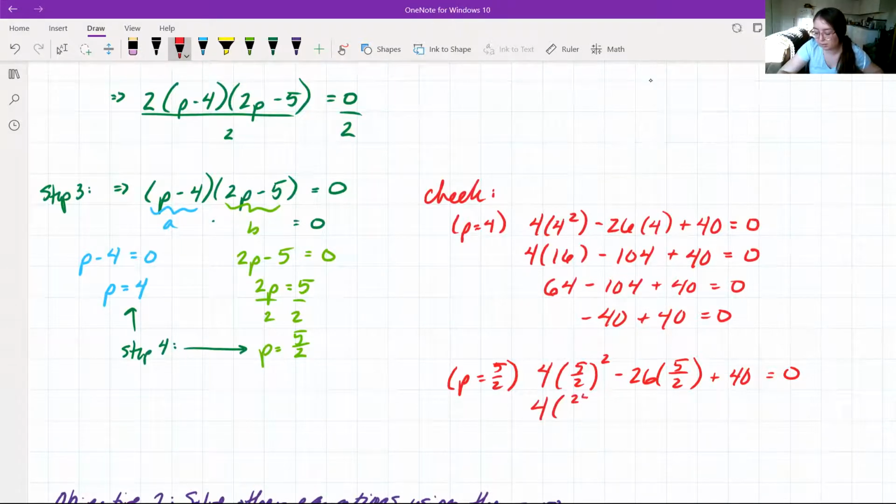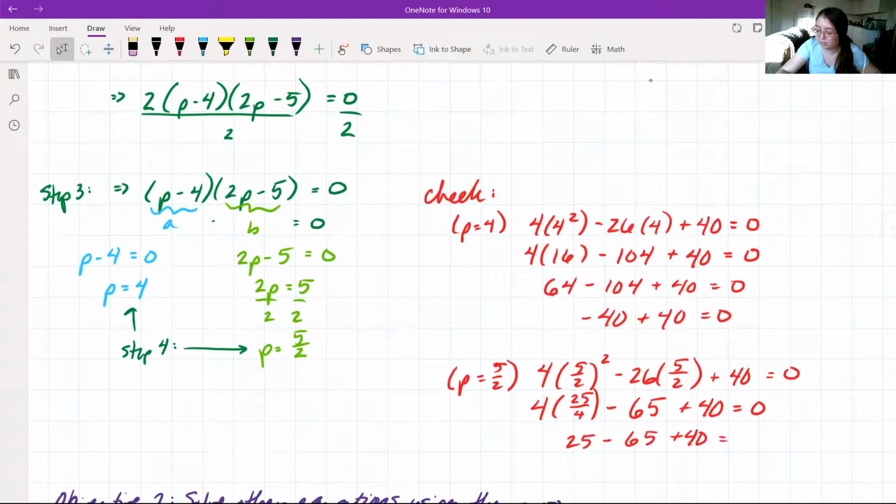So we have 4 times 25 over 4 minus 26 times 5, which is going to be 65, plus 40. 4 times 25 over 4 is just 25. It's 25 minus 65 plus 40 equal to 0. This gives us negative 40 plus 40 is equal to 0, and this is correct.